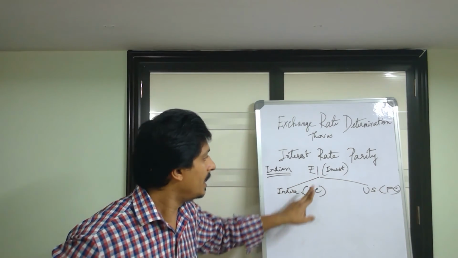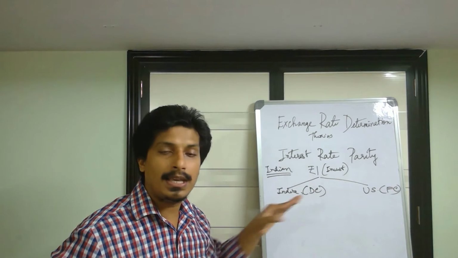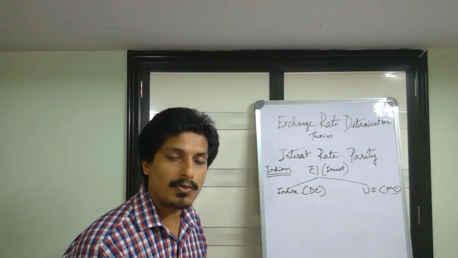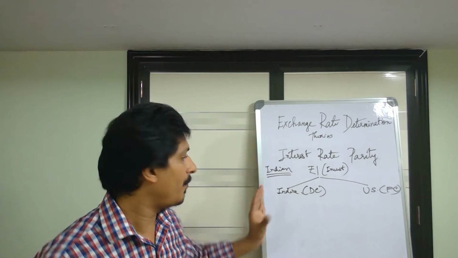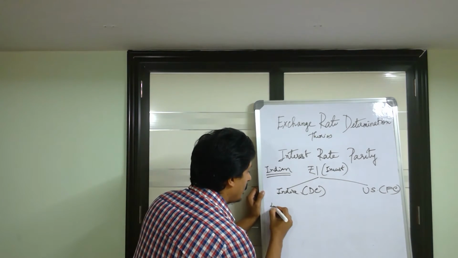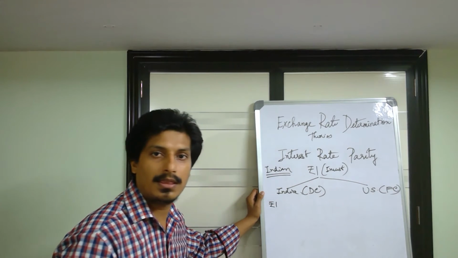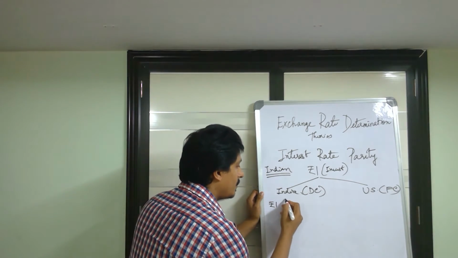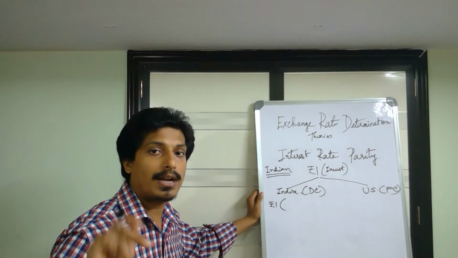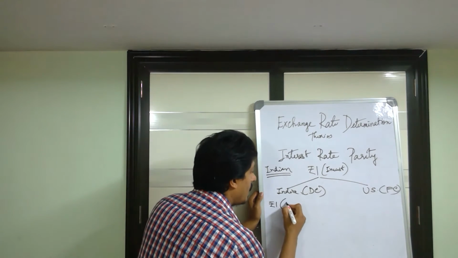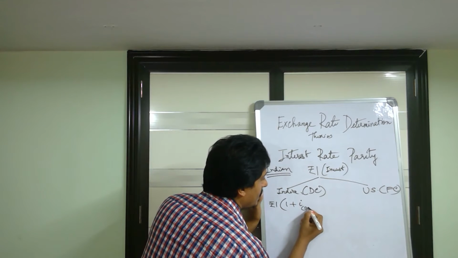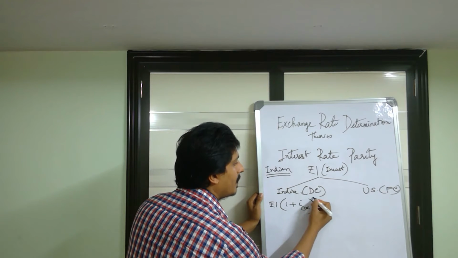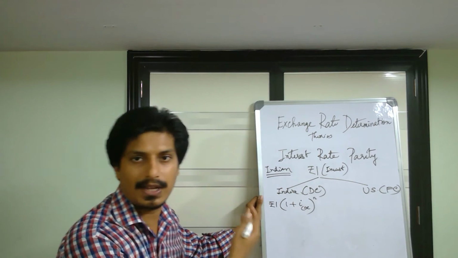Okay. If you invest ₹1 in India, after 1 year, how much return will you get? How is it calculated? ₹1. If you go back to your compound interest formula, it is 1 plus the interest rate in the domestic country, to the power n, or here it is 1 after 1 year.